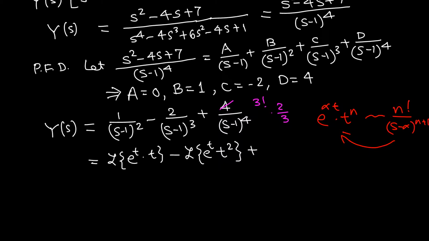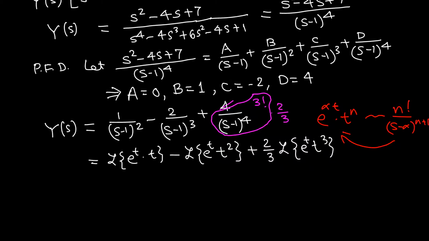So this 4 we can write in this way, then I can apply this rule: n factorial over s to the fourth. So that is 2/3, which I put in the front, times Laplace of 3 factorial over s minus 1 to the fourth, which means t cubed, shifted by e to the t.